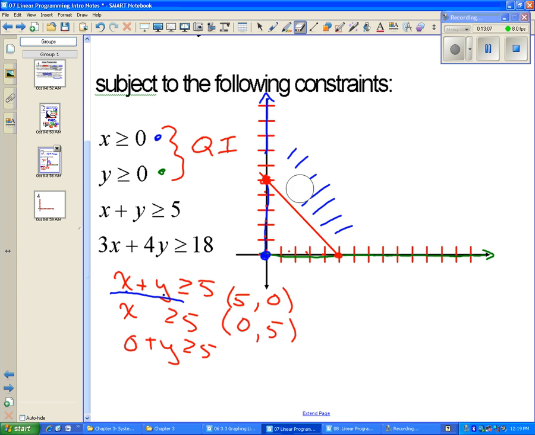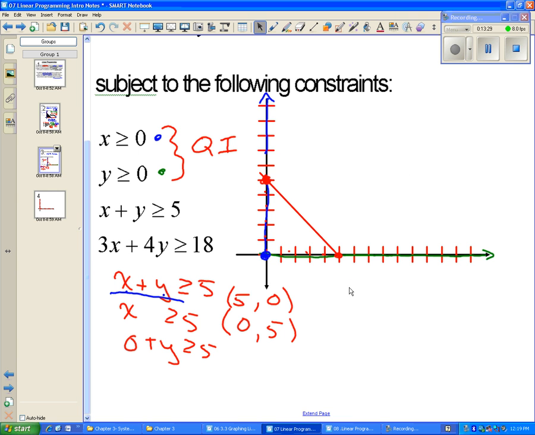And that's how this is different from the other one. I know that I want this region up here so far, because I wanted what's right of my y-axis, what's above my x-axis, and what's above this line.